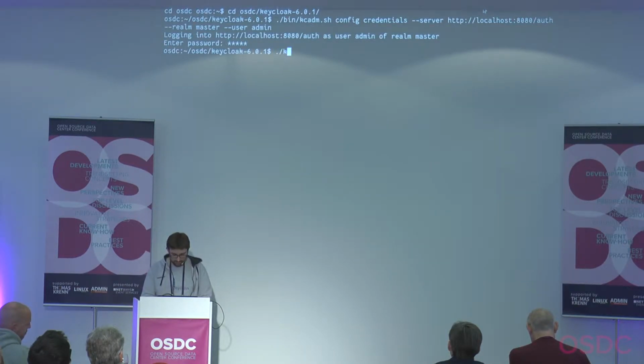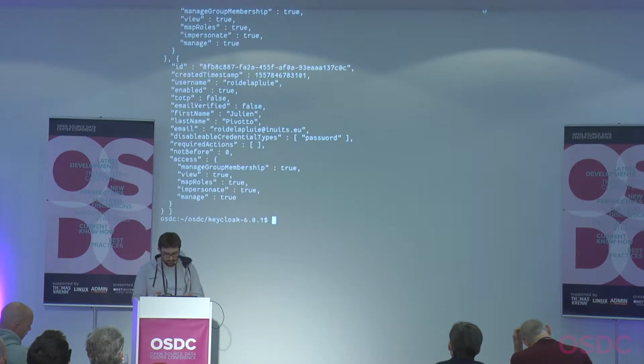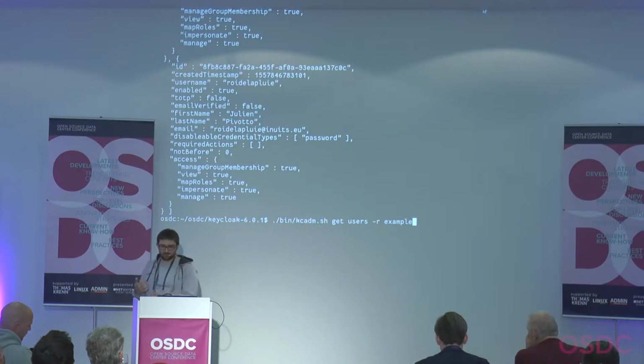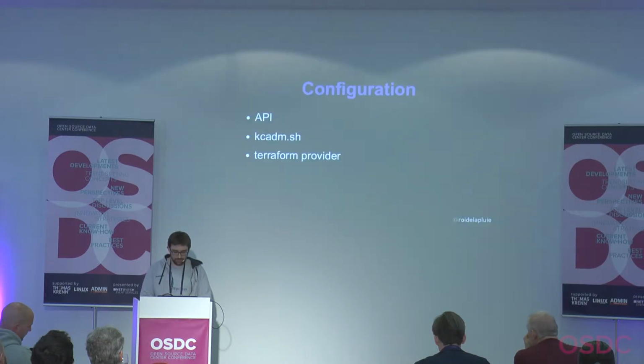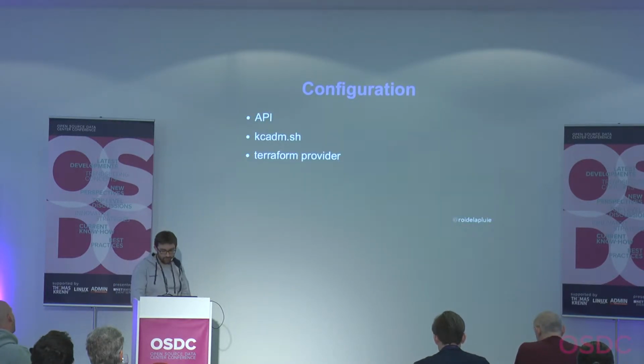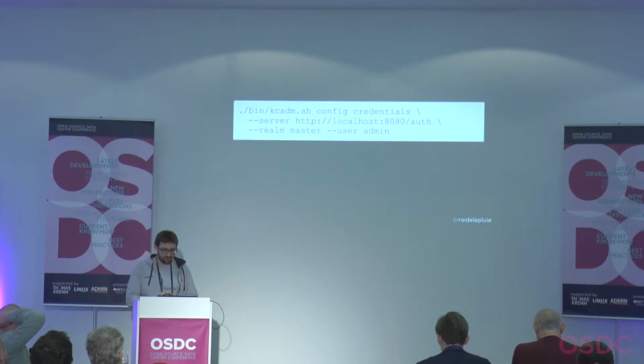Okay, and then I can do like KCADM get anything. So there I get the users of the realm password. So basically, KCADM is a shell script that can use the API. It's quite easy to use. You also have a Terraform provider that is in the works. So that's how we configure Keycloak basically.